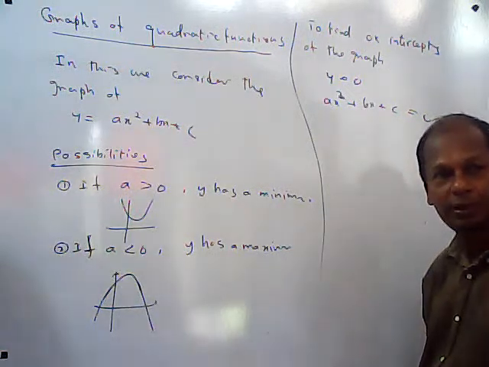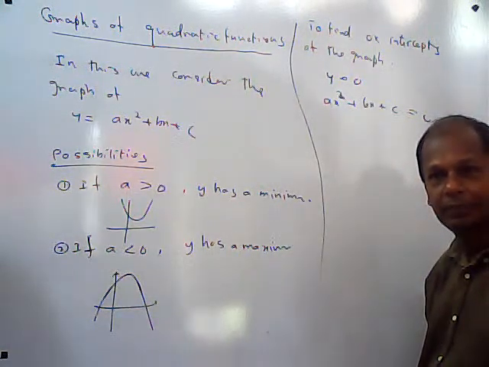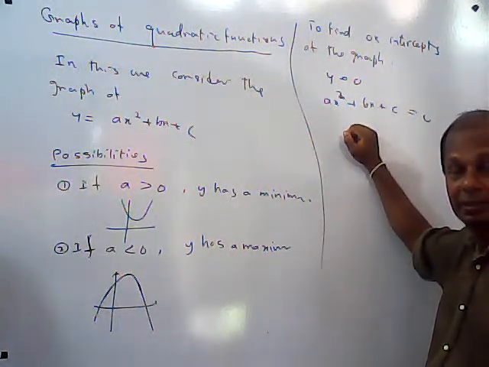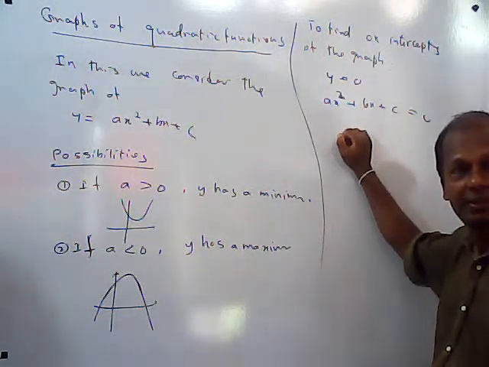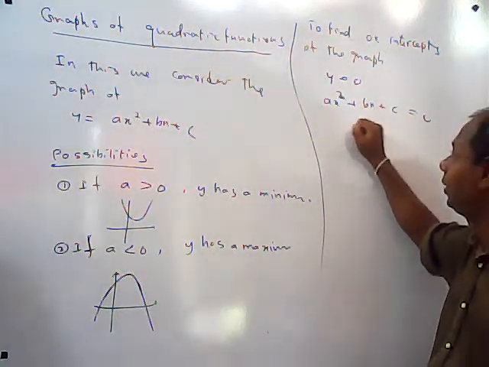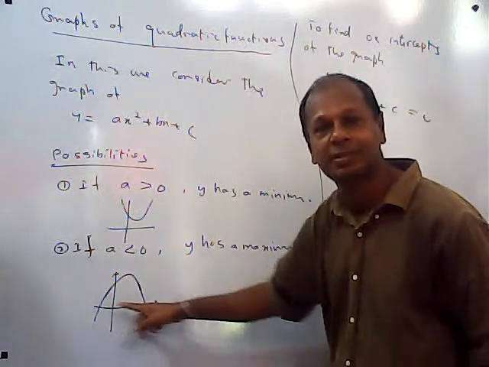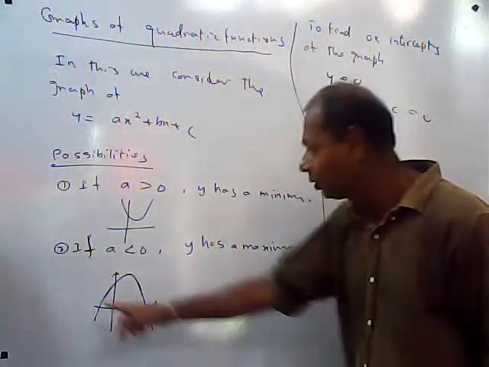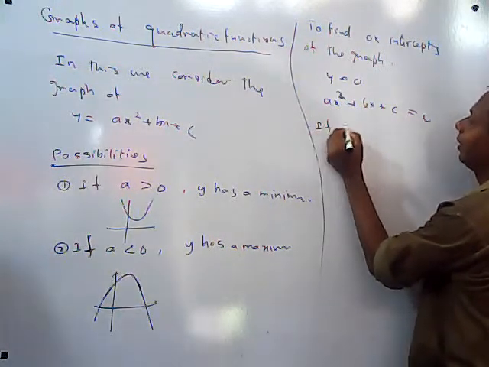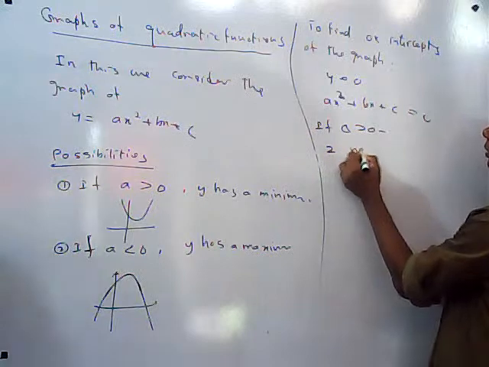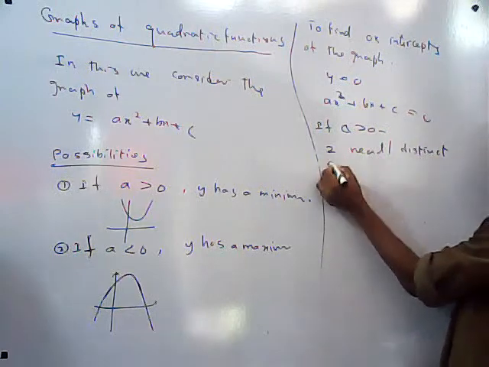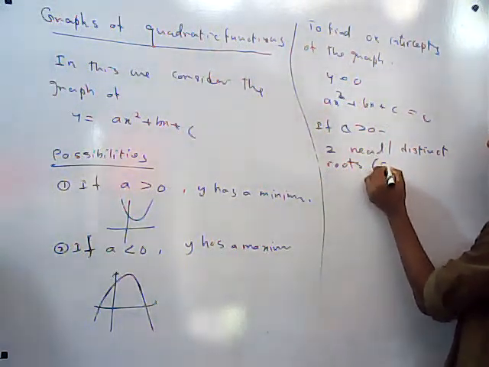If delta is greater than 0, you get two real distinct roots, say alpha and beta.